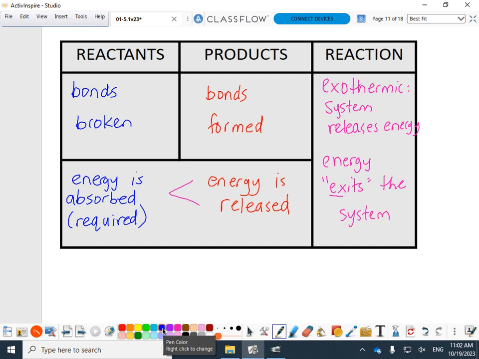Okay, so energy is exiting the system. If that's not your thing to think of cutesy little analogies, then don't worry about it. You don't have to think of it that way.